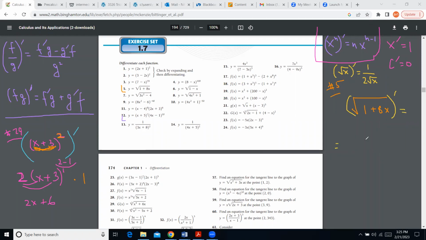So I write this as 1 divided by 2 square roots from this 1 plus 8x. So it's not that bad, but now I need to remember that my radicand needs to be also differentiated, and that'd be the chain rule step.